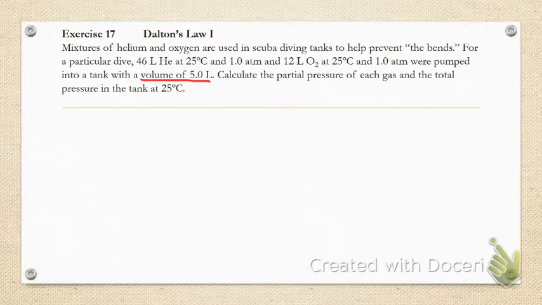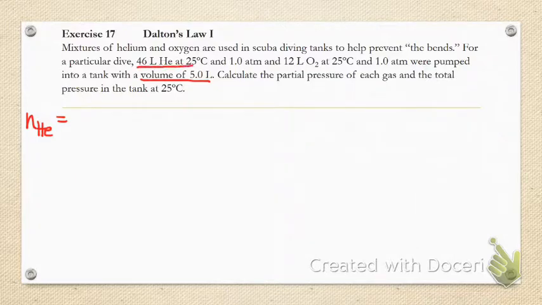The first thing we're going to do is calculate the number of moles of helium, He. We're going to use PV over RT, grabbing the helium parameters out of the problem.